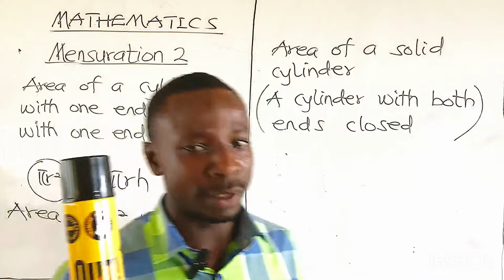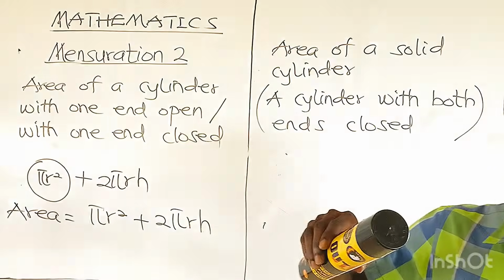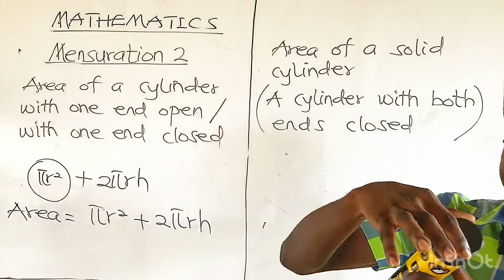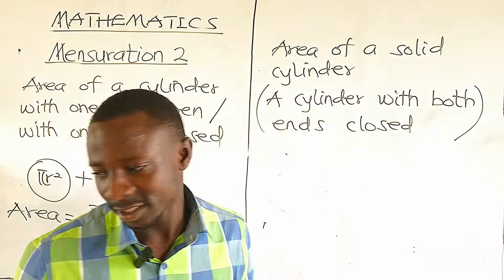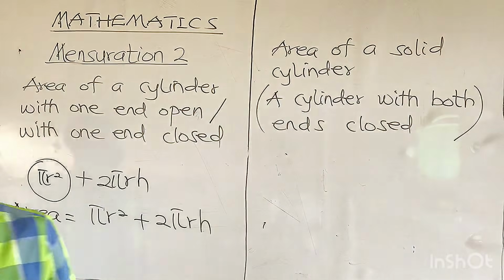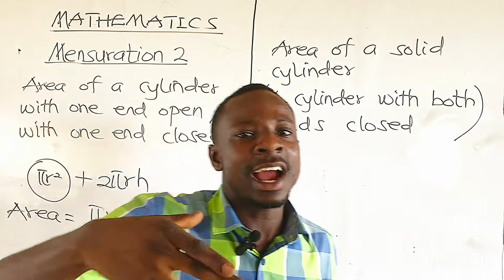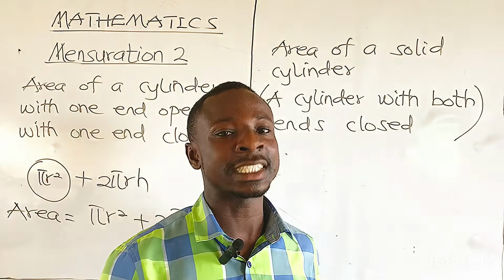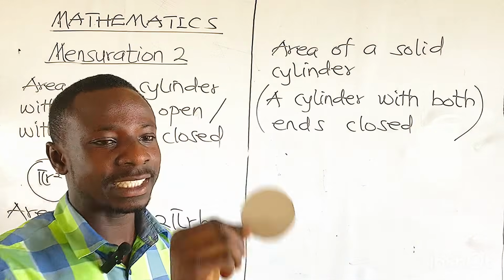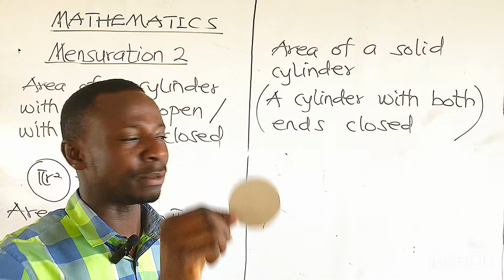This is a mosquito spray. We can see that the top is sealed, the bottom is also sealed. So let's assume that I have cut the top with scissors or with any sharp object. I am going to get this cylindrical shape.